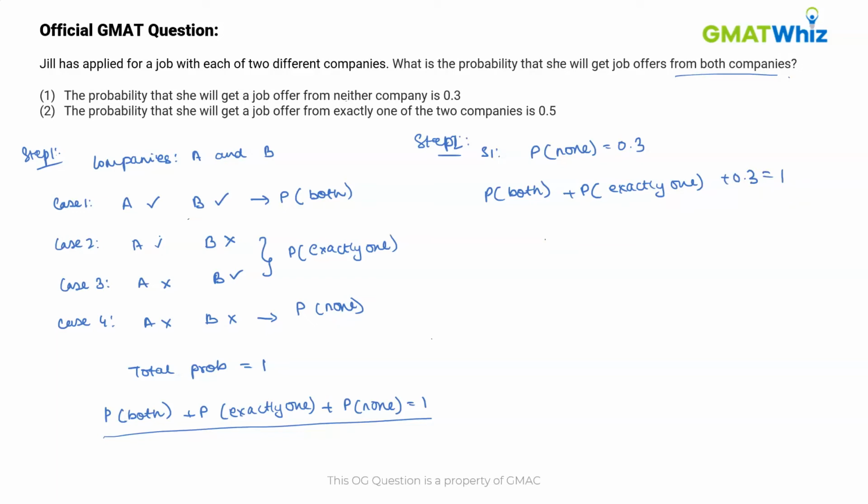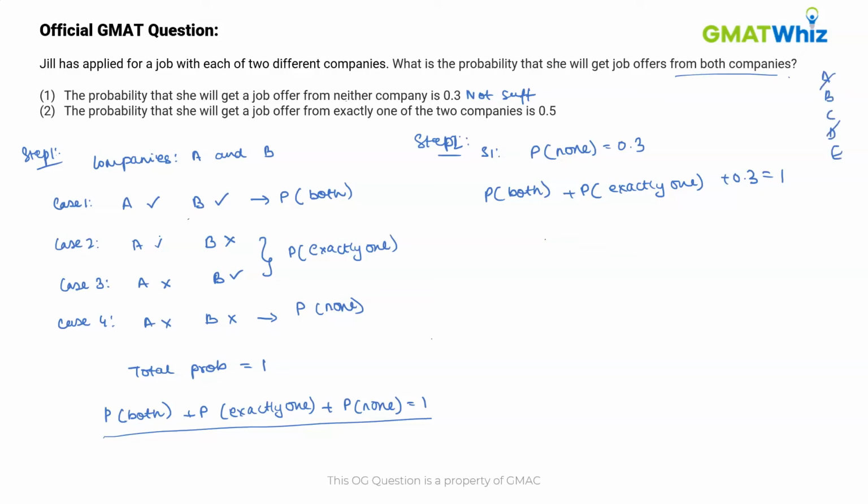Now, this is a linear equation with two unknown variables. So, it is not possible to find the value of the probability that she will get offers from both the companies. Hence, we conclude that statement 1 is not sufficient. And from the given options, we eliminate A and D.